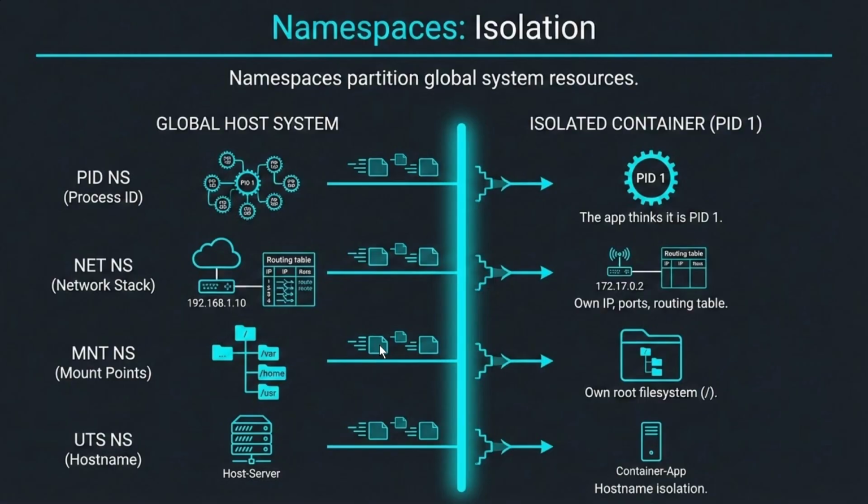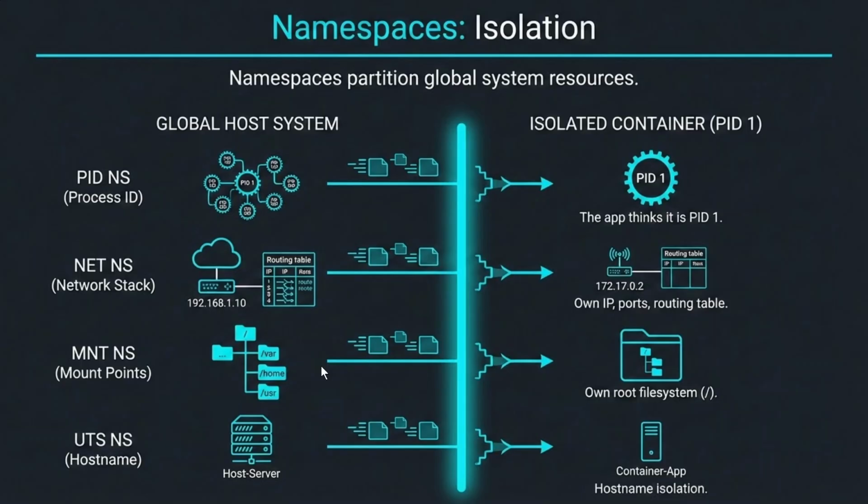So here you can see how a process that is just one of many on the host system thinks it is the only one running inside the container. Next is network namespace, which gives the container its own set of IPs, ports, and routing table. Mount namespace provides a container with its own file system.